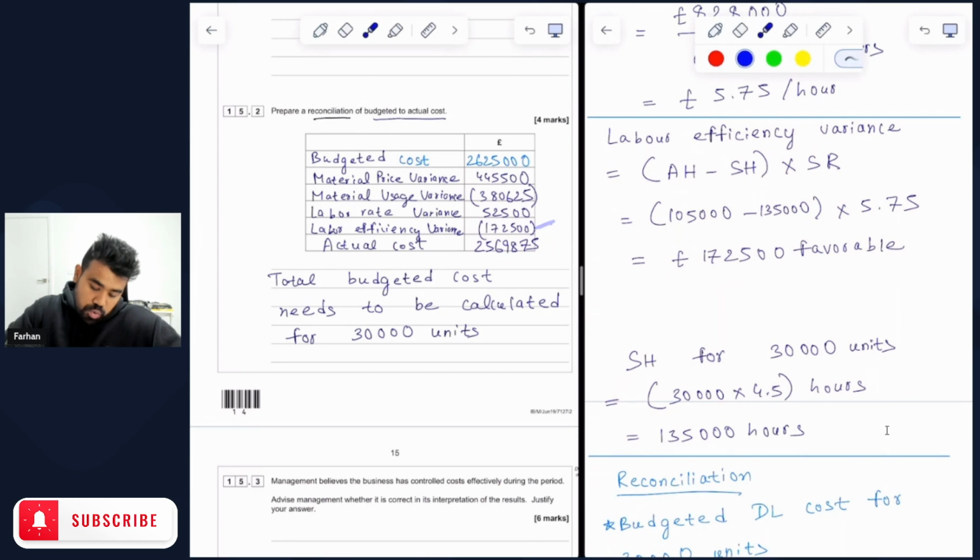Once you run all of these numbers together in your calculator based on what is added and what is subtracted, you should get 2,569,875 pounds as the actual cost that we would have needed for 30,000 units.